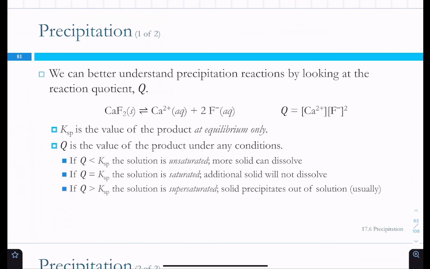If Q is larger than K, then you have to decrease your products to get back to K. And if Q is smaller than K, you have to increase your products. You'll make more products until you get to where K is again.